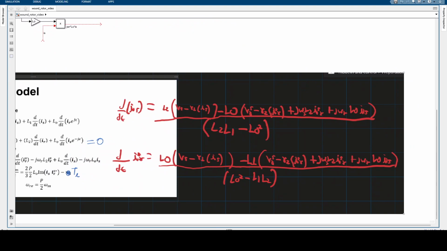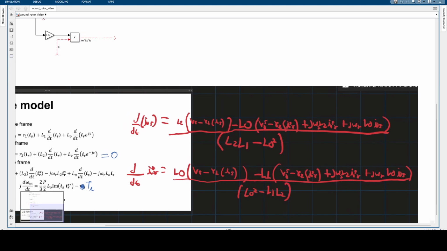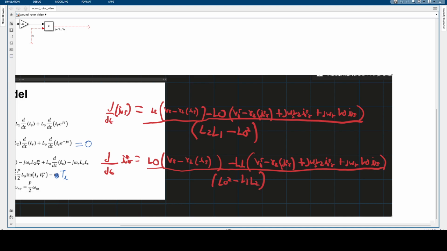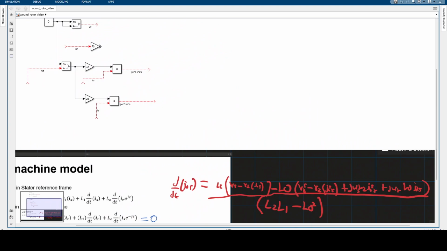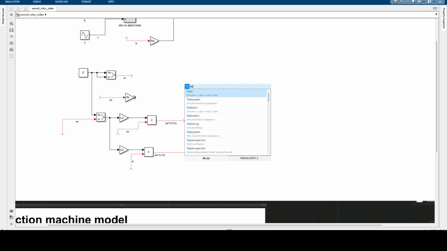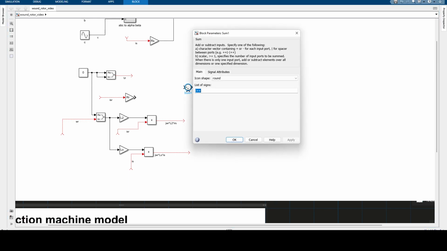Okay. So now we have these two portions, and this one and this one and this one and this one. So now we can subtract it from BR. So here we're going to have a sum. So we are going to have BR minus ISR times RR plus this term over here plus this term over here.